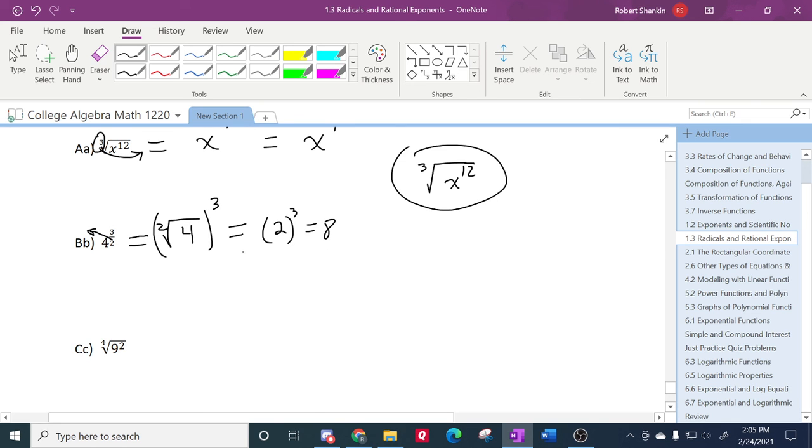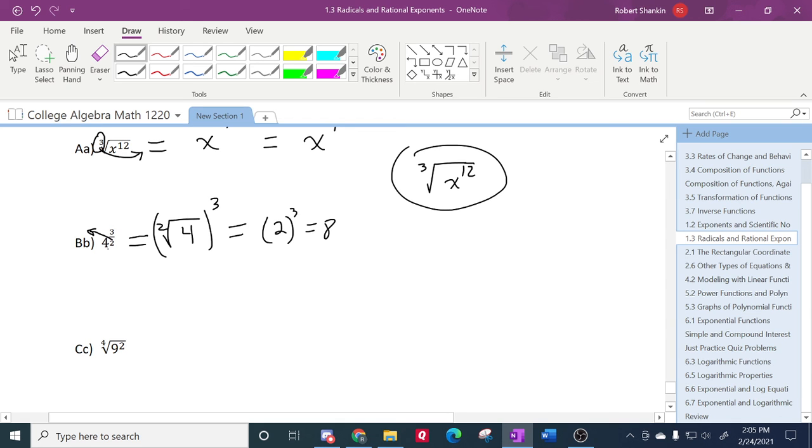So for me, radical on this problem is easier to process and figure out. As a fractional power, I can't tell what 4 to the 3/2 is. So I just change it to the other form and then voila. That doesn't always work, but in some problems like this one it does, and it just gives me a whole number 8.